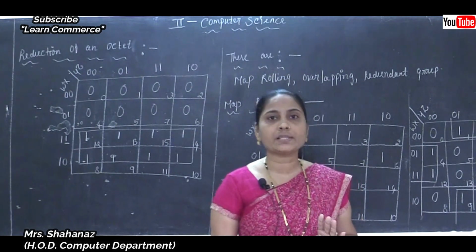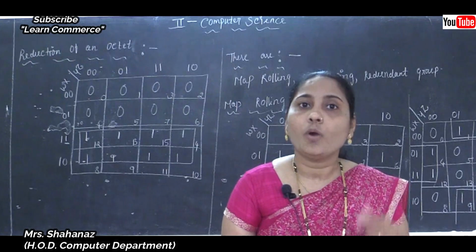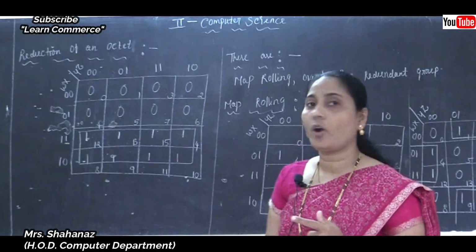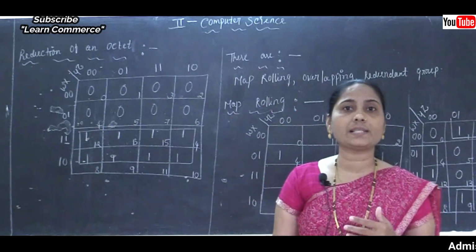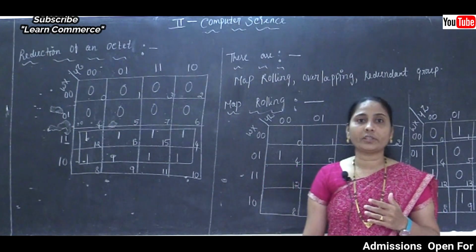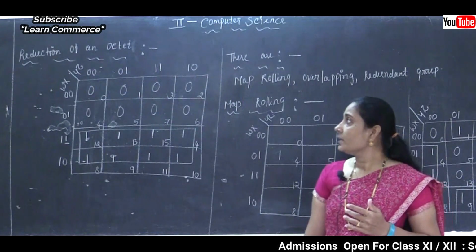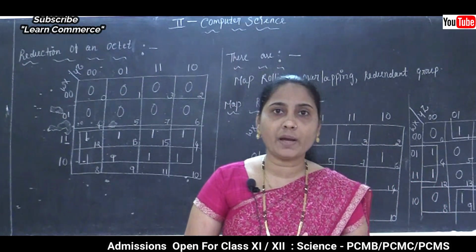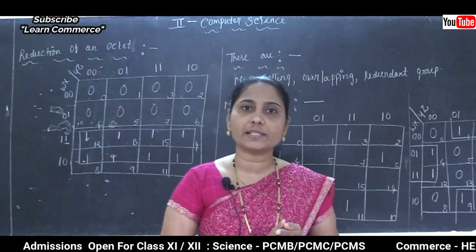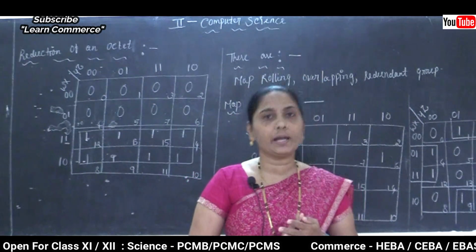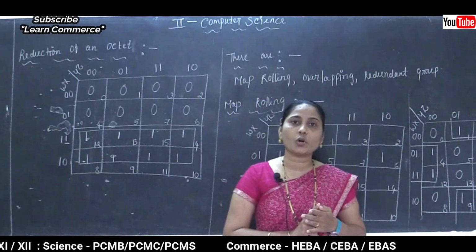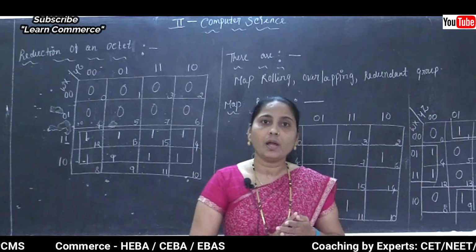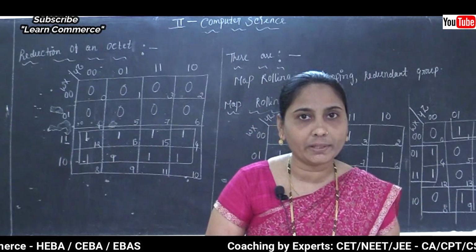Now in today's class, we are going to complete one more concept. The concept is the reduction of an octet, or we can say the rule of an octet. A pair removes the variable which changes its state, that is from complemented to uncomplemented, and a quad also removes the variable which changes its state.